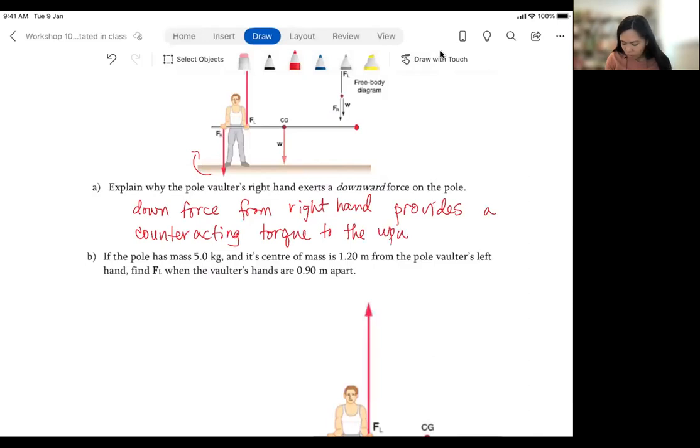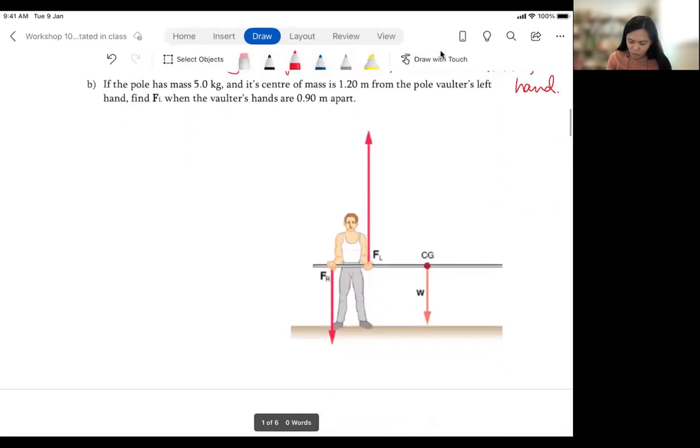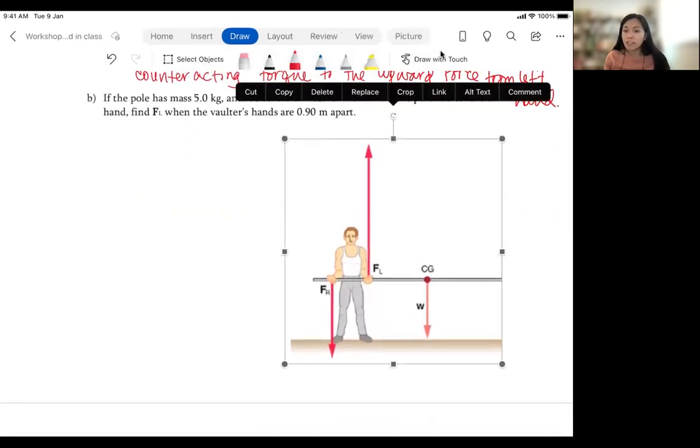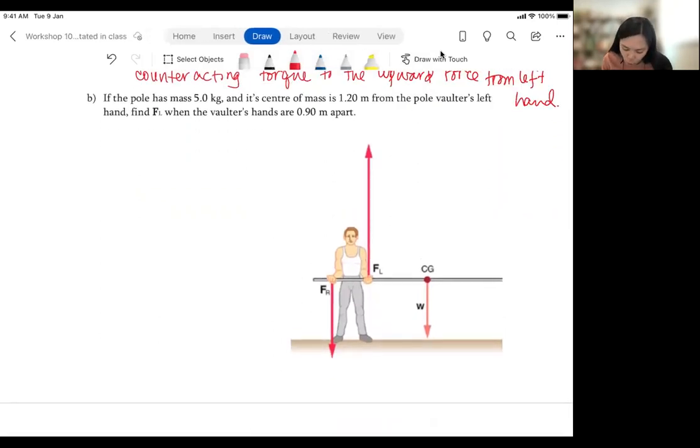And you can expound further by saying that the net torque will be 0, but that should be sufficient for a short answer. Right, good. Okay, so here we have the free body diagram.